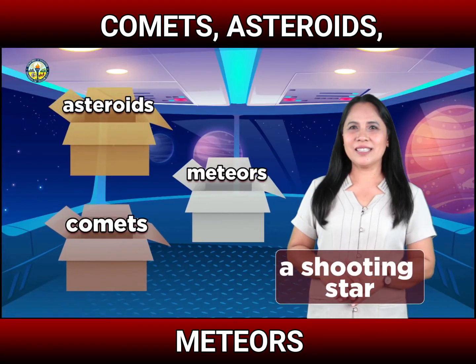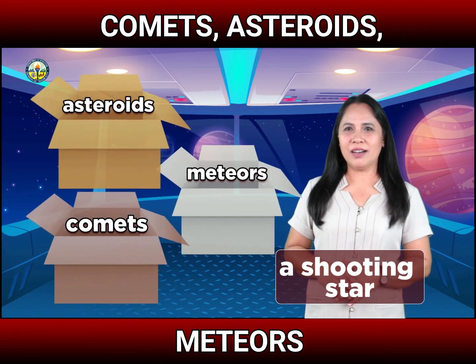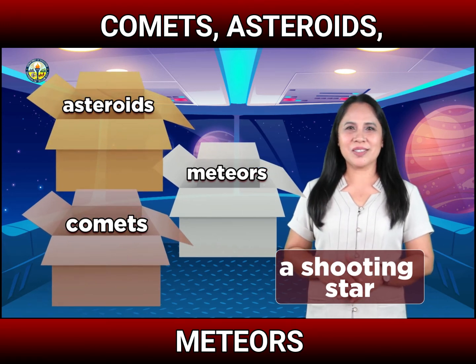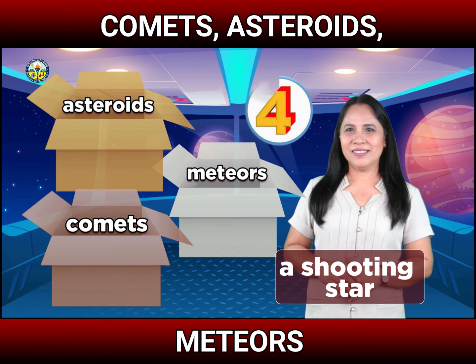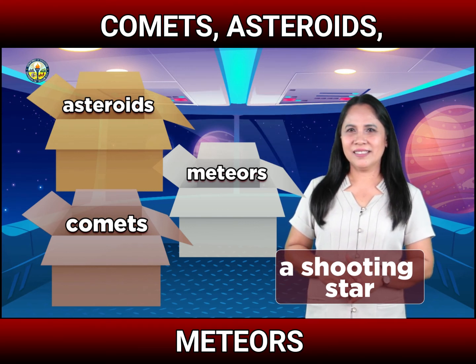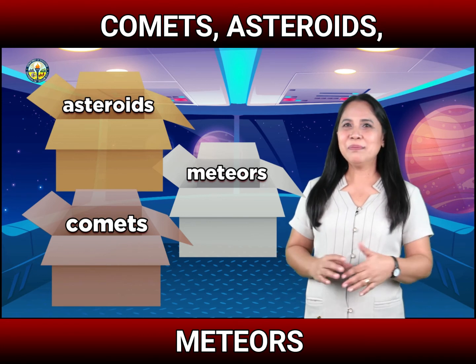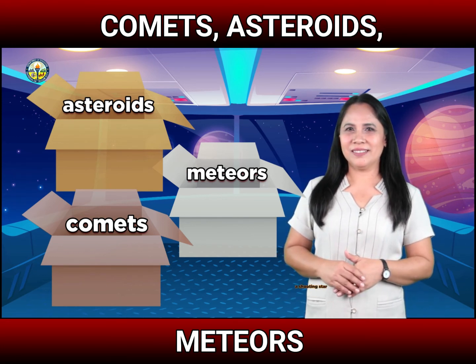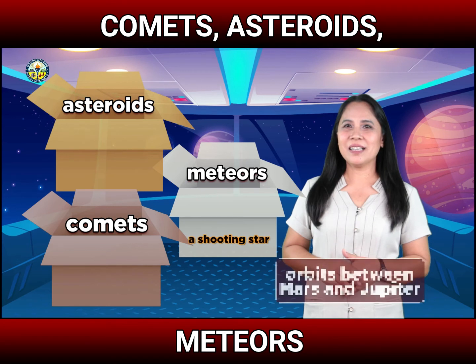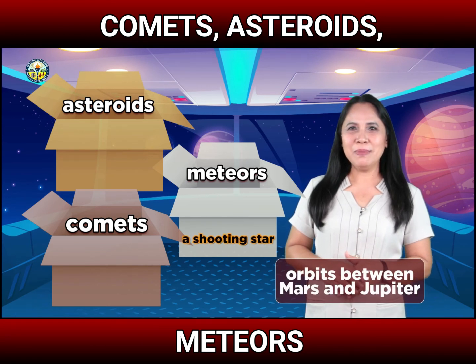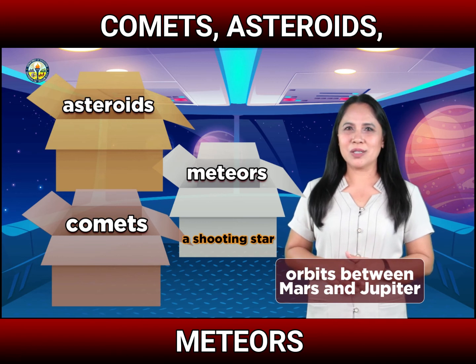First characteristic, a shooting star. Where do you think it belongs? You're right, it belongs to meteors. Second characteristic, orbits between Mars and Jupiter. Where do you think it belongs?